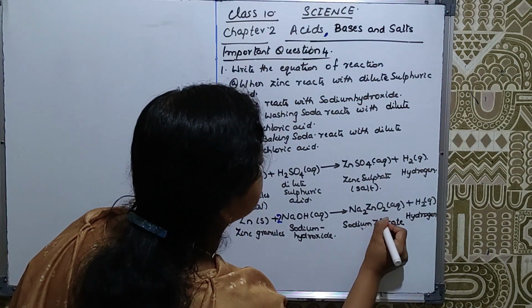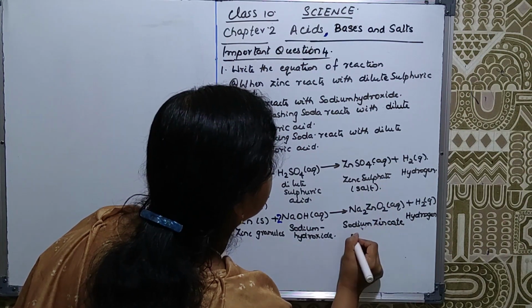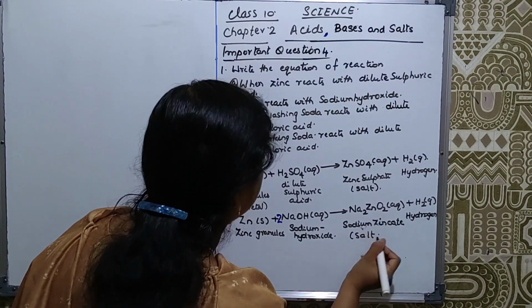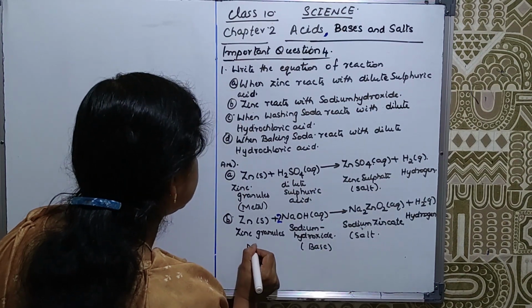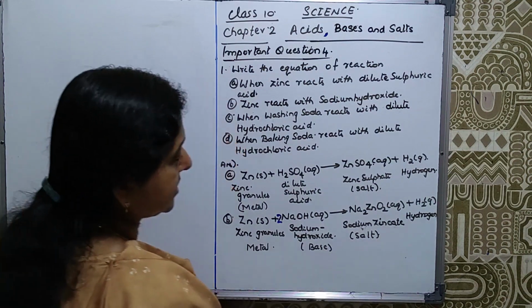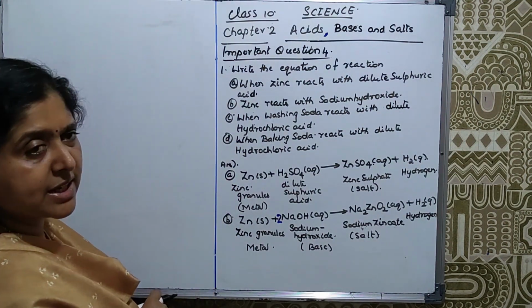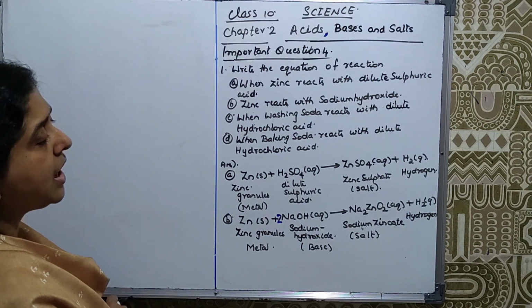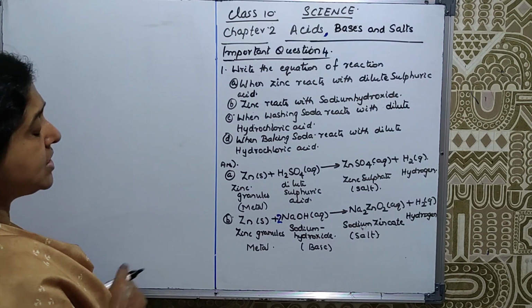Now sodium zincate is the salt actually, and sodium hydroxide is a base. So metals react with bases to give salt and hydrogen. Here they can ask you to name a metal that can react with both acid and bases to give salt and hydrogen. That one is actually zinc.